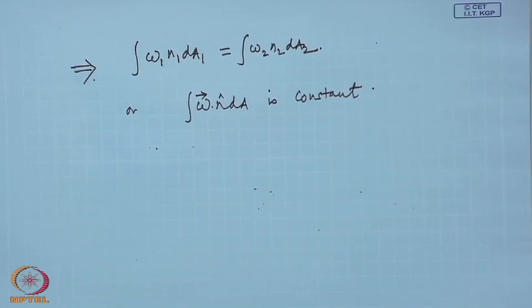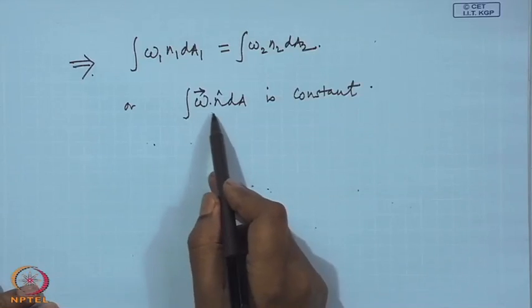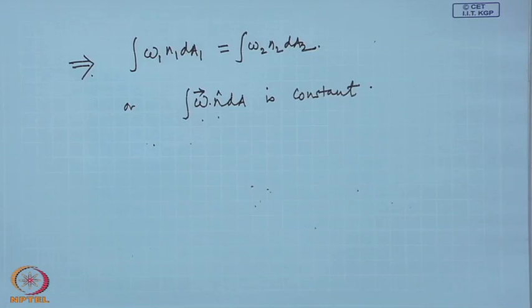The choice of area is also immaterial. We can choose any area, any type of area. Any area means any type of area, whether this area is a cross sectional area or in some inclined area, does not make any difference, because ultimately that n dot dA will take care of it. So, these remain constant along the vortex tube.